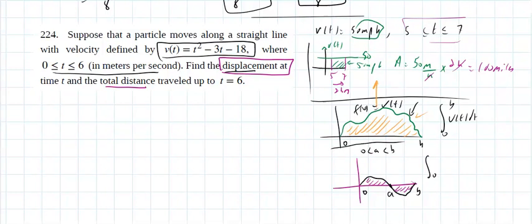If I integrate from 0 to B, f of t dt, or v of t, assuming this is the velocity, this is going to take this and subtract this from it, and that gives you the displacement.